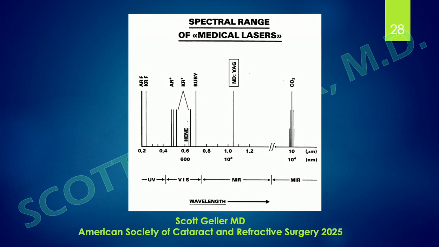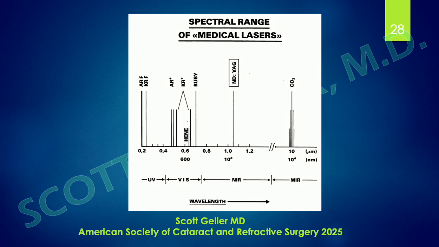Also, the krypton and argon lasers can also have some fluorescence in the visible spectrum, and so can ruby lasers. The ruby laser was the very first laser ever created.